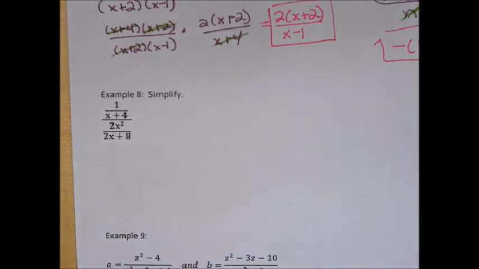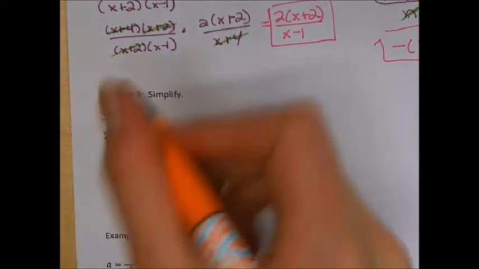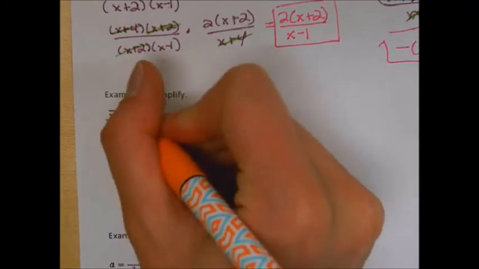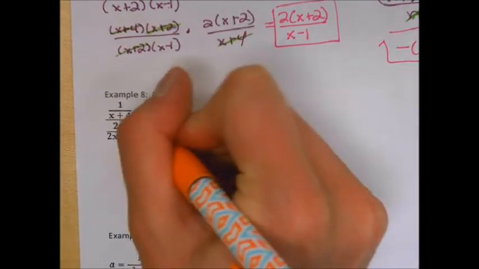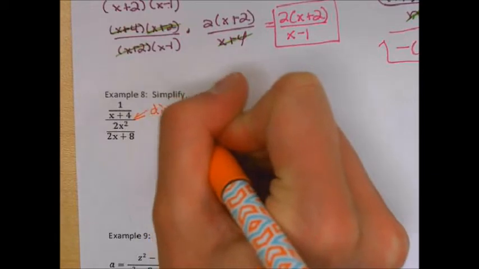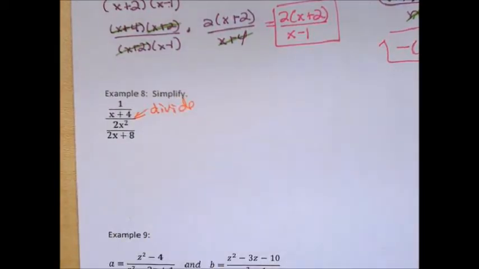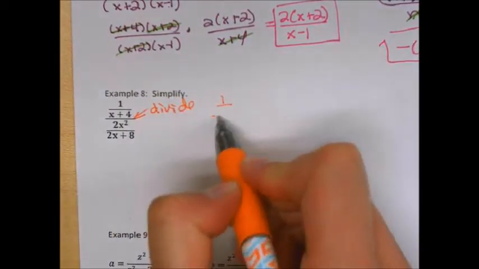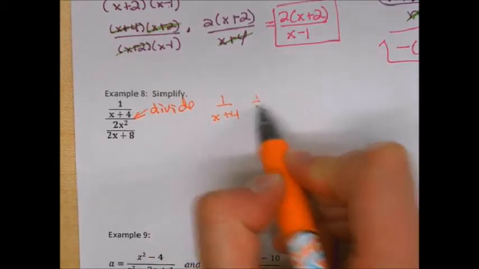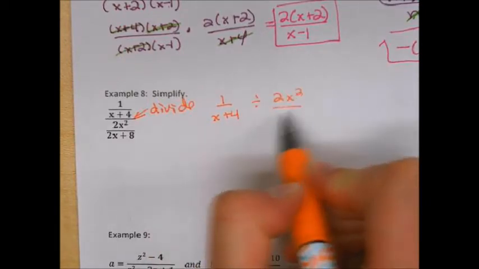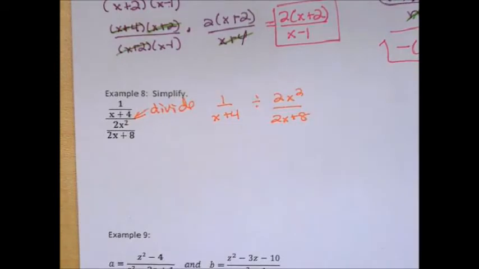Example 8. Now I know this one looks scary. We have a fraction over a fraction. Since I have this top fraction, I have this bottom fraction, so this is telling me to divide. So this is the same as the problem, 1 over x plus 4 divided by 2x squared over 2x plus 8.